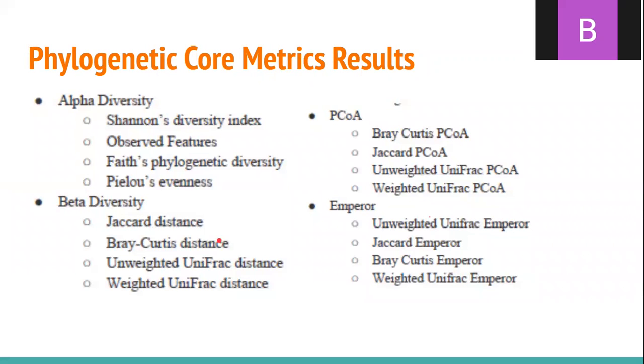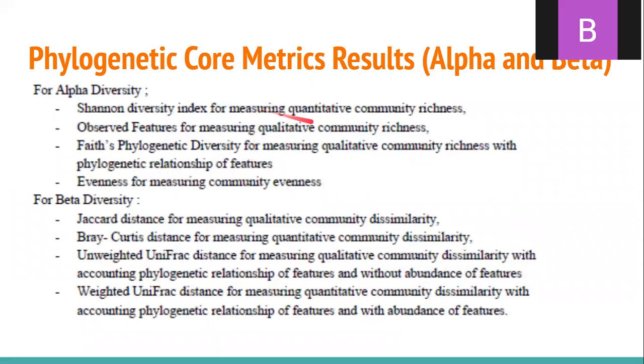For alpha diversity and beta diversity, we can see that every vector or distance matrix has been used for different purposes. For example, Faith's phylogenetic diversity here is used for measuring the qualitative community richness with the phylogenetic relationship of the features.